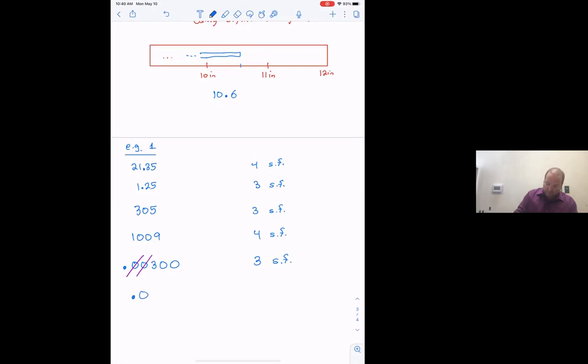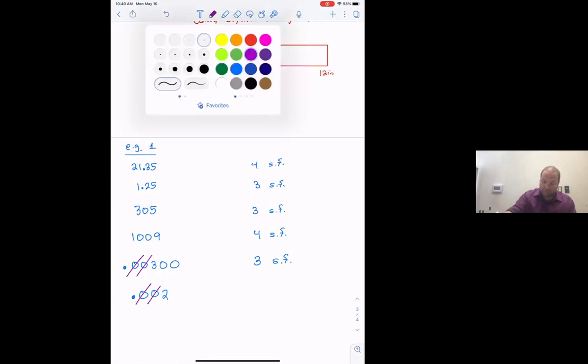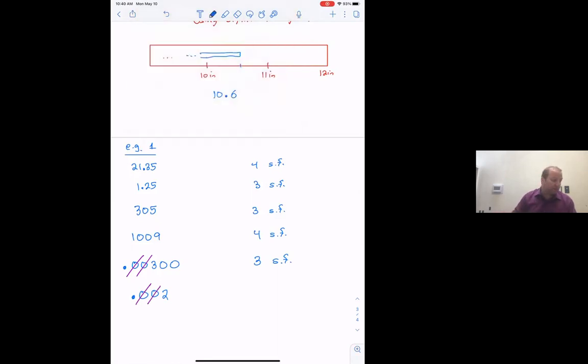Next case, 0.002, same idea. Leading zeros are not significant, so we throw them away, and therefore this one has exactly 1 significant figure.